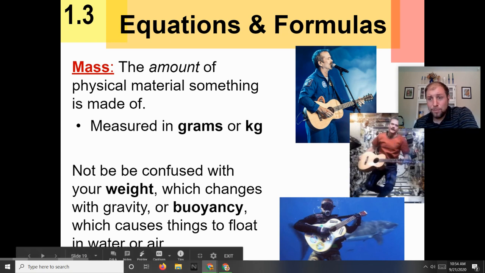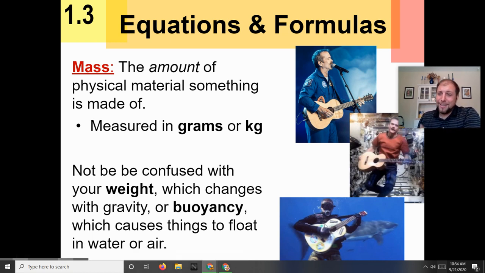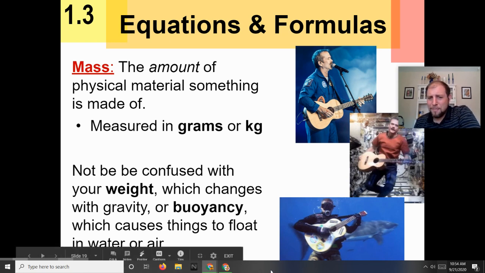And when he is playing guitar underwater, he's floating there, so he feels a little bit weightless. He is buoyant, but his mass has not changed. If he weighed like 78 kilograms here, then he probably weighs 78-ish kilograms here and 78 kilograms here. The only way he can change his mass is if he eats a lot, goes to the bathroom, maybe pumps some iron, puts on some mass. So mass does not change based on where you are.